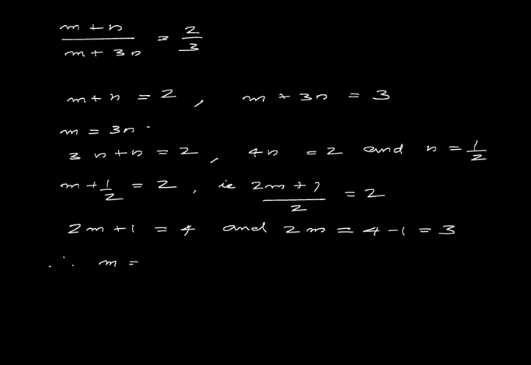Therefore, m is equal to 3 by 2. So we got the value of n and m. We want to find out the value of 2n square divided by 3m square plus mn.